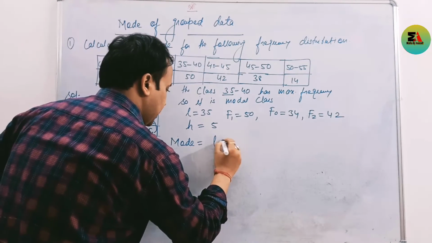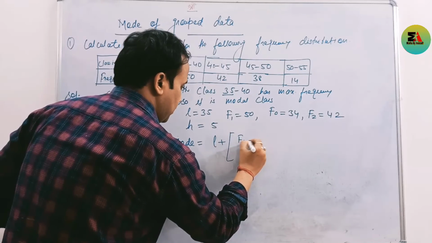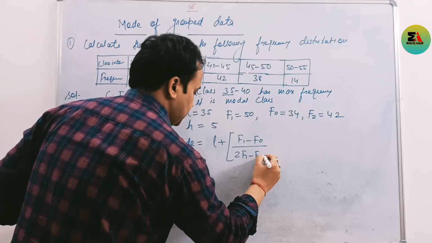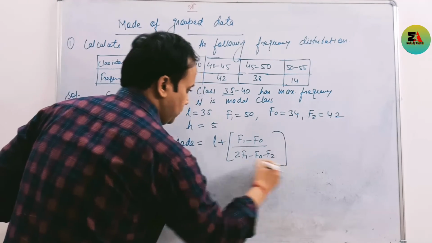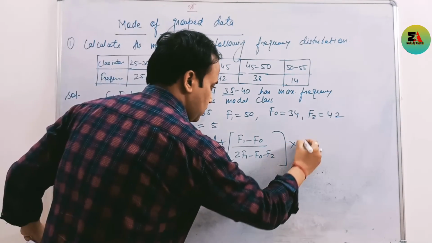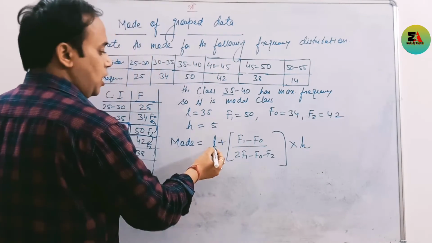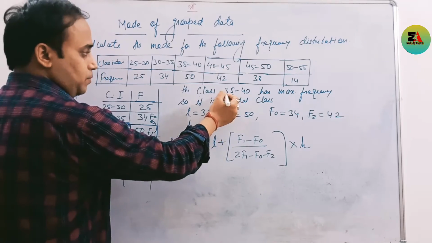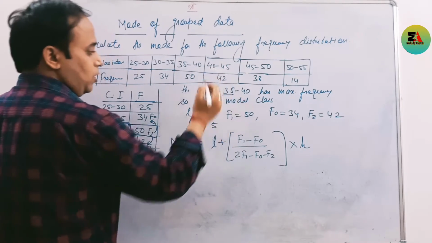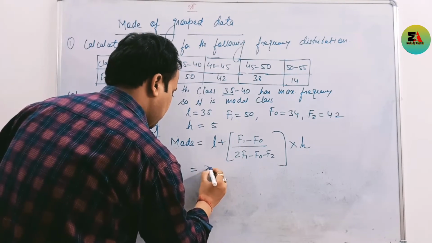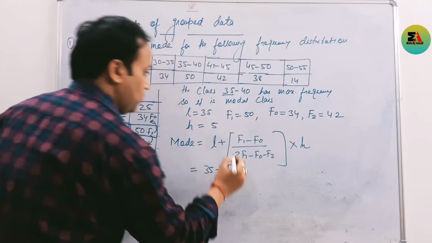Now apply the formula. Mode equals L plus (F1 minus F0) by (twice of F1 minus F0 minus F2) into H. Now substitute all the values. L is the lower limit of the modal class, which is 35.